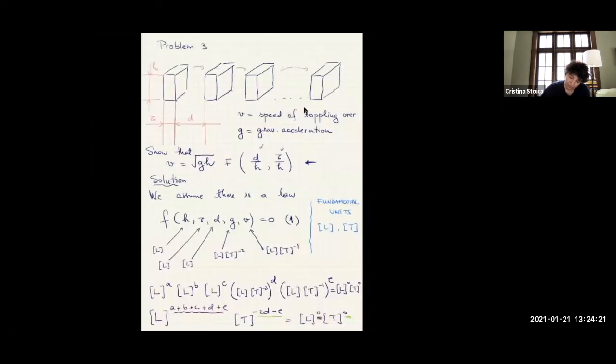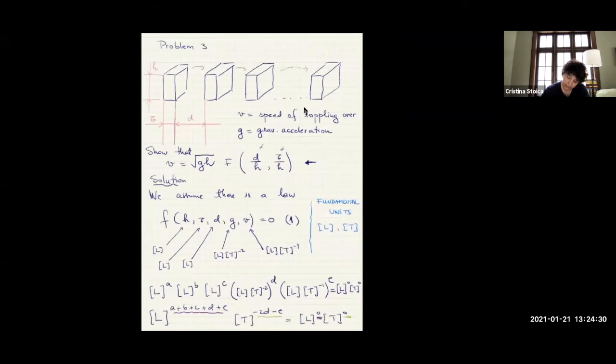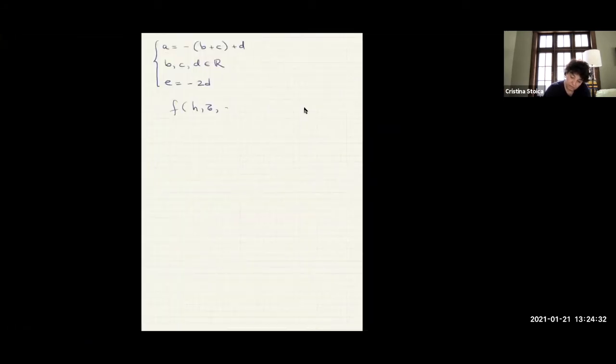So F of, okay, let's write this one again, just to have it in front of us. F of H, tau, D, G, V equals 0.